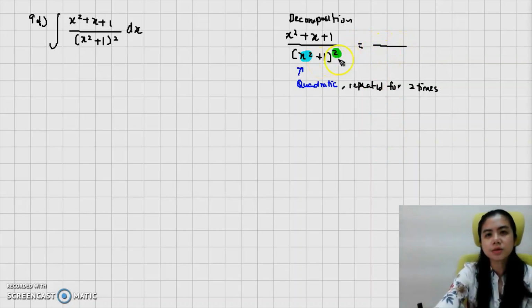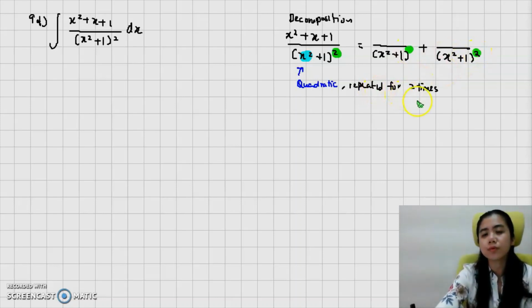the fractions like this. First of all, the first quadratic, that is x squared plus 1. And then again the same quadratic, x squared plus 1, but you will have to add the power of 2. It will be the same quadratic, but you have to consider starting from power 1 until power 2 because it's repeated for 2 times.